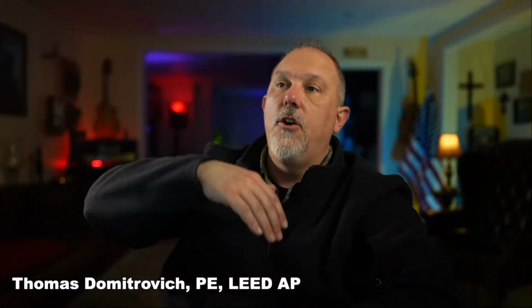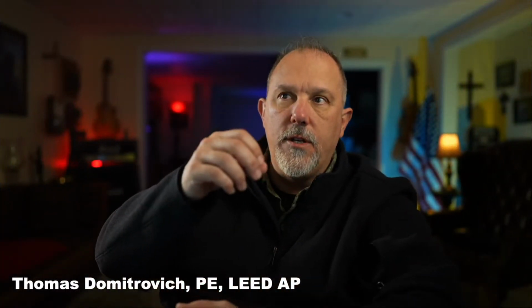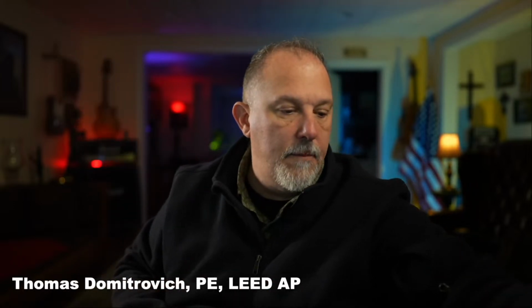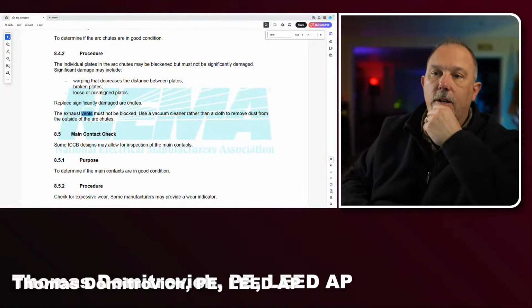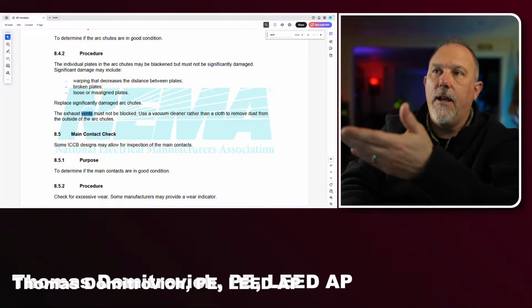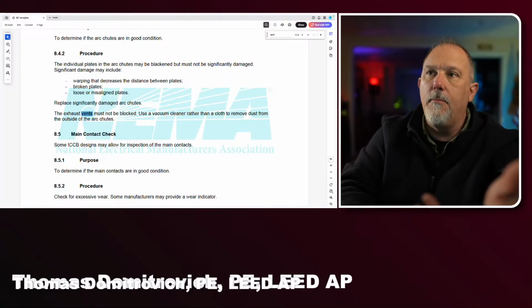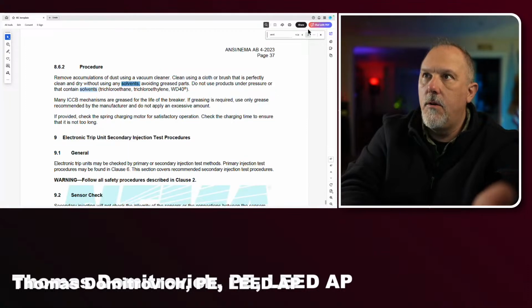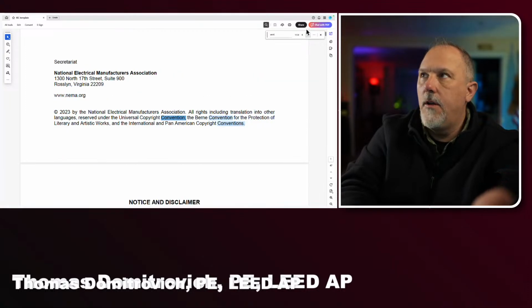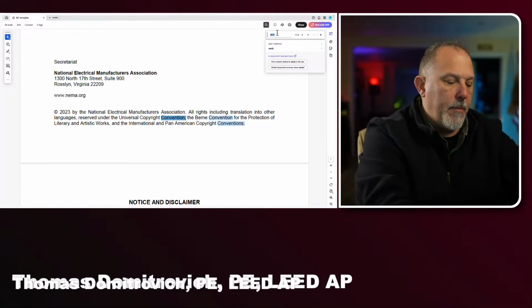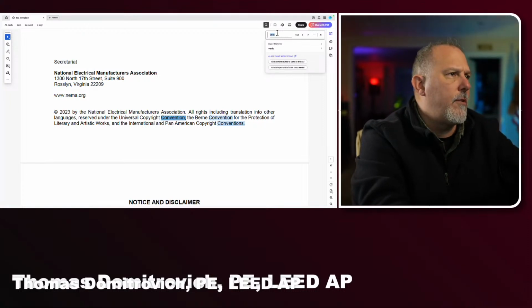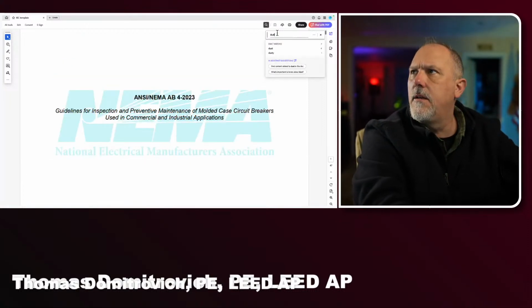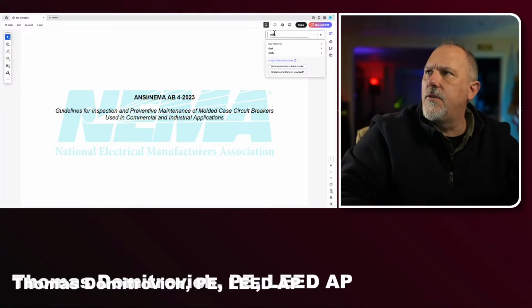I would say you want to do what this document is saying and make sure that those vent ports are not blocked. All right. Vent ports, dust, carbon. Let me just do carbon.